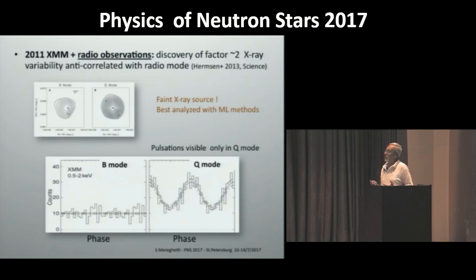And what was discovered was a very surprising result, that indeed the X-rays are variable, and they vary in anti-correlation with the radio emission. The fact that this is a rather faint source means that these results are best obtained if you use non-standard analysis techniques, and in particular all the results that I'm going to present, and also the results that were presented in this paper, were done with the maximum likelihood analysis method.